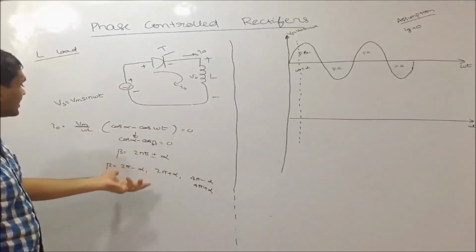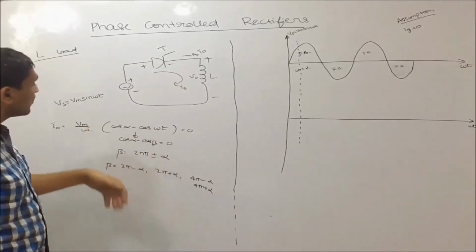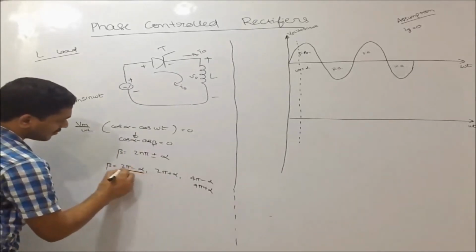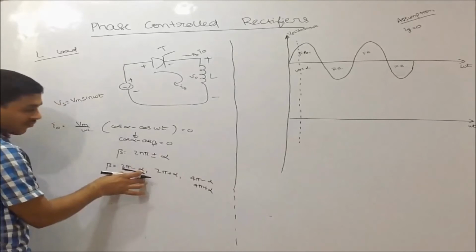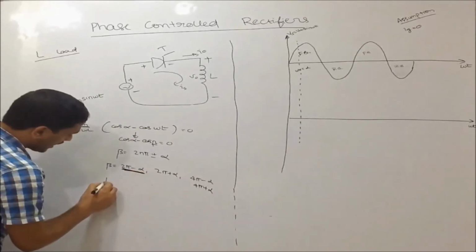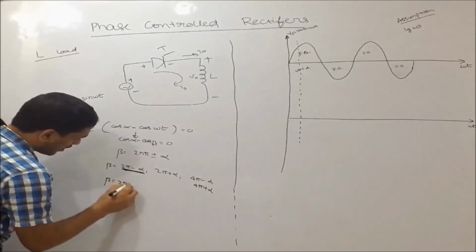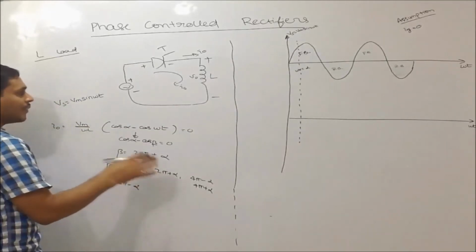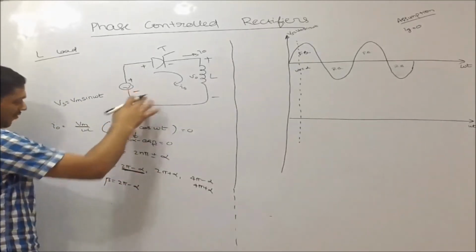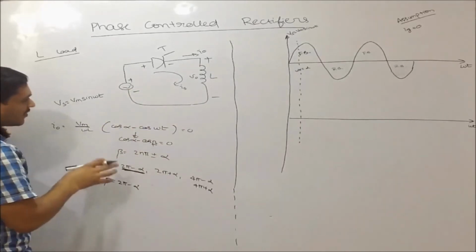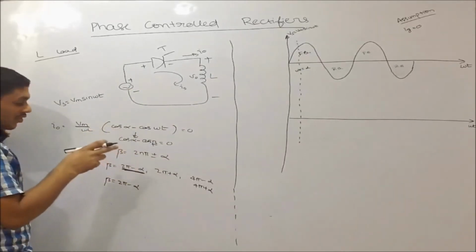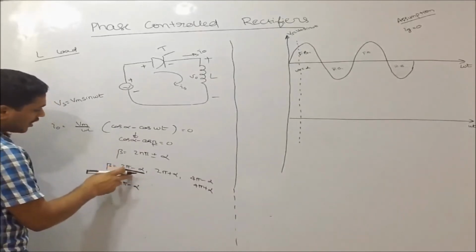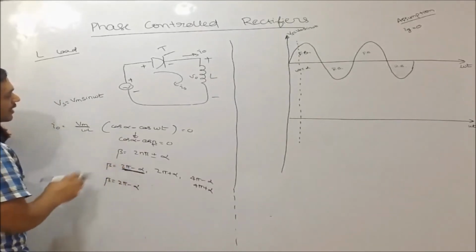So I will look for the instant where the current becomes 0 for the first instant. That first instant occurs here. So here my conduction is over. So beta is 2 pi minus alpha. Mathematically you can get beta equal to 2 pi plus alpha also, but I am interested in beta for which my current becomes 0 for the first instant. So I have to take beta equal to 2 pi minus alpha.